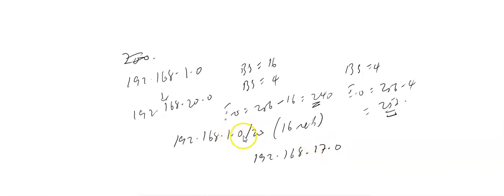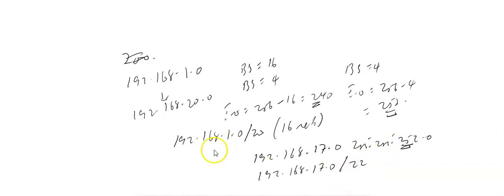So the summary address for the last 4 networks will be 192.168.17.0, because the first one captures 1.0 to 16.0. So what do you have left? You have 17.0 to 20.0 left. So this will be the least in that range. So 255.255.252.0. In slash notation, it will be 192.168.17.0 slash 252 is 6 bits, 6 plus 16, so that's slash 22.